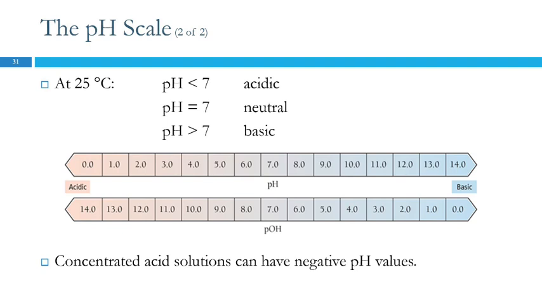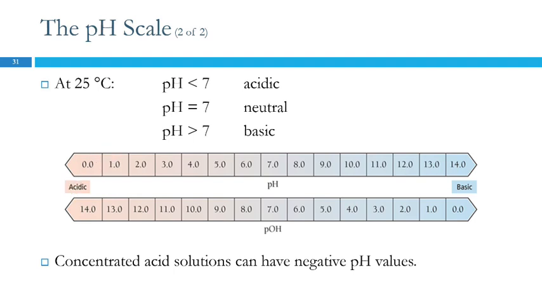So here's the pH scale. A pH of 7 is neutral, and that's where the hydrogen ion concentration is 10 to the minus 7. When the hydrogen ion concentration gets larger, it becomes more acidic, the pH gets smaller.